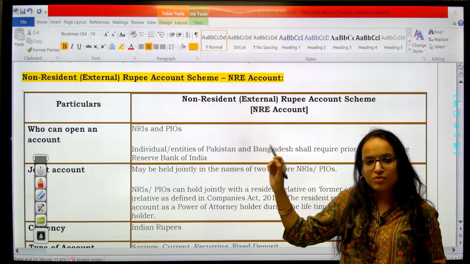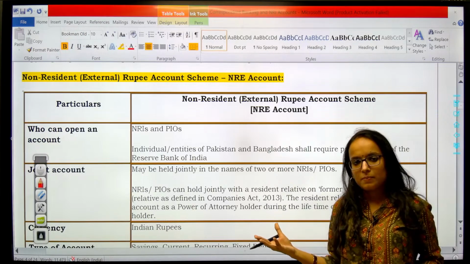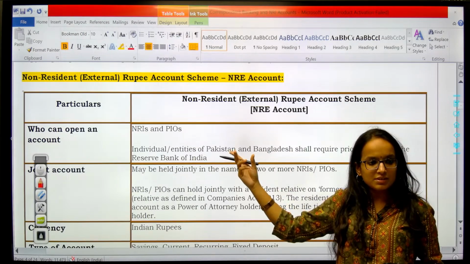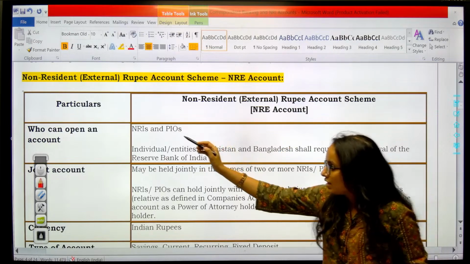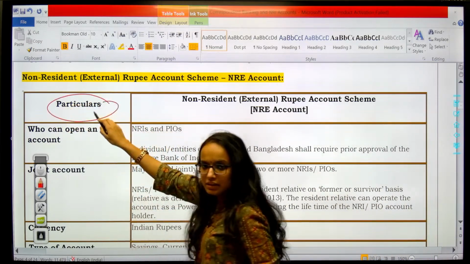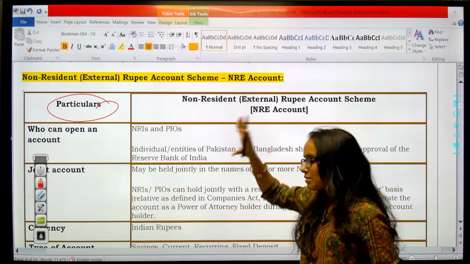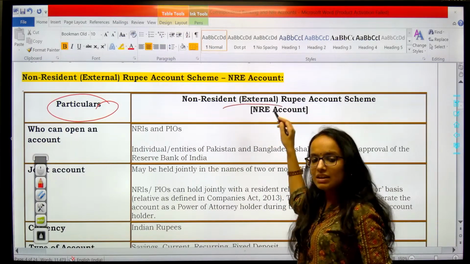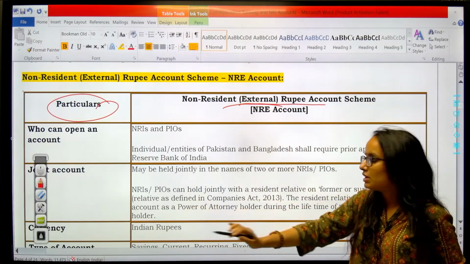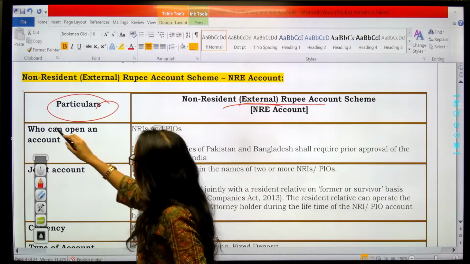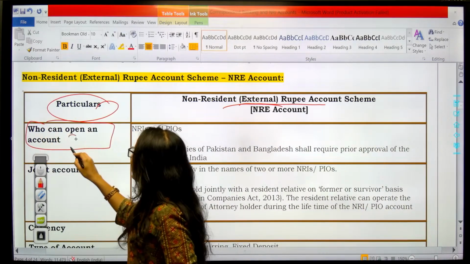Non-resident, E stands for external rupee account. First, as the name suggests, it will be in your Indian currency. These are the particulars written here: what are the basis of describing this account, and then we have the description. Let's see, the first particular is who can open an NRE account.